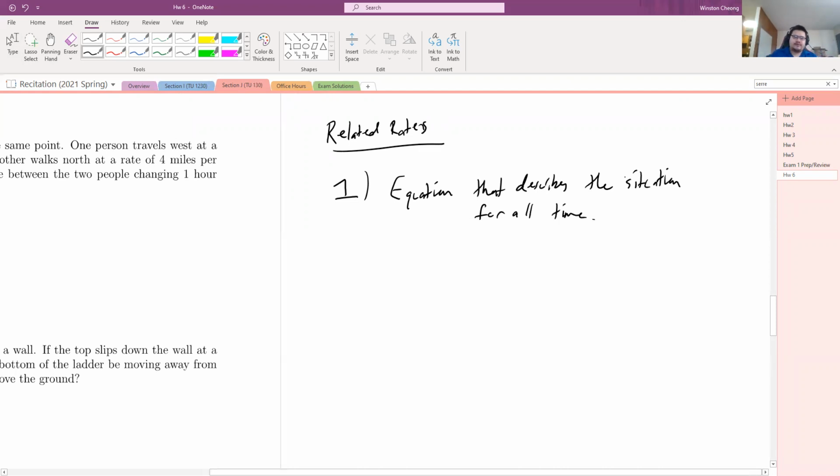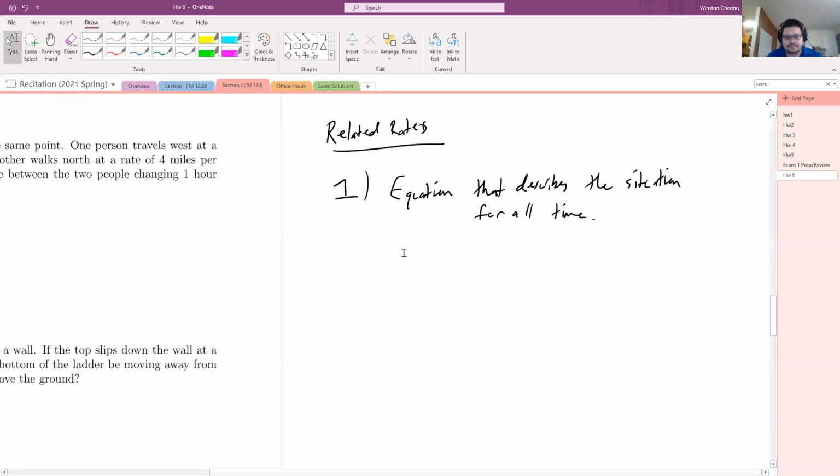These related rate problems involve some sort of system that evolves over time. Quantities are changing over time, and finding a related rate is just finding how a specific quantity changes with respect to time. The quantities are related to each other in some way, and you have an equation that describes their relationship. You want that relationship completely encoded inside a single equation. That's why I'm saying for all time.